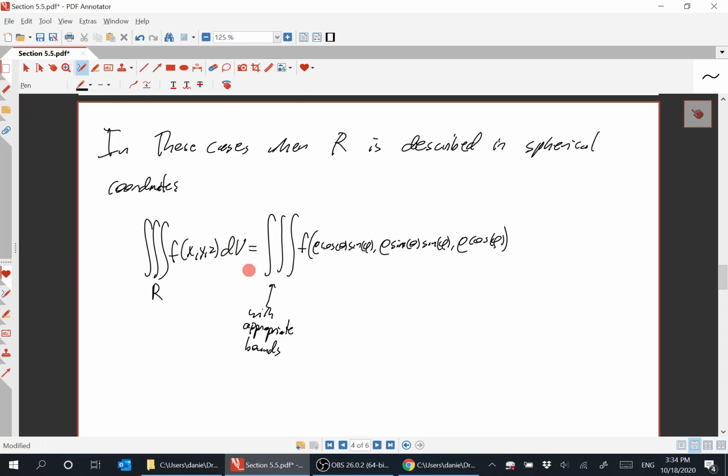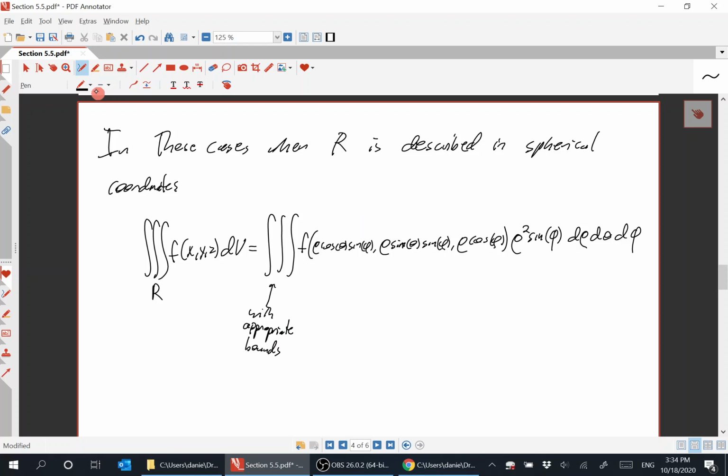And then what's dv? Well, it's not d rho, d theta, d phi. There's again a correction factor. It's rho squared sine phi d rho d theta d phi. Right? Or any other appropriate ordering of these depending on what your bounds are.